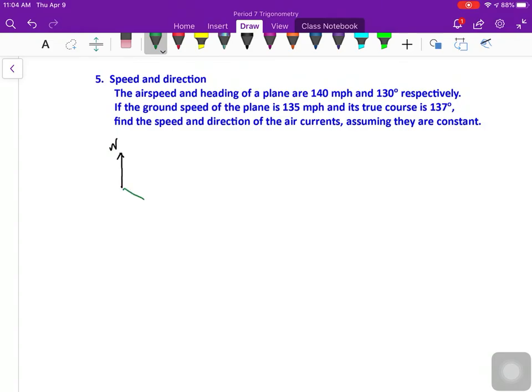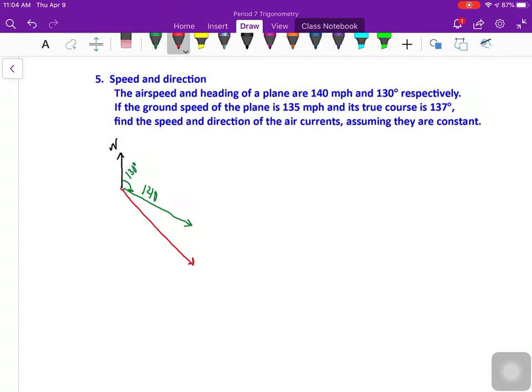So first of all, here's our north line. And 130 degrees, so 90 would be straight to the right, 180 is straight down, so 130 would be somewhere over here. So that's 130 degrees. And our speed is 140 miles per hour.